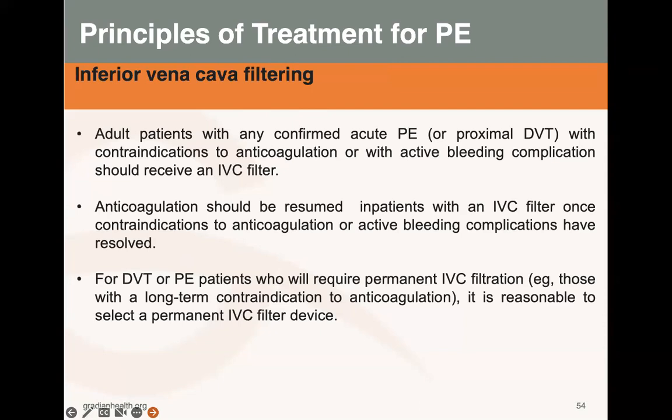Patients who have a DVT or a PE may require permanent IVC filters, okay? This will help them to live longer without experiencing the complications of a PE again. So for any patient who has a high risk, a patient who has a DVT, it's important to consider putting in a permanent IVC filter. Next slide.